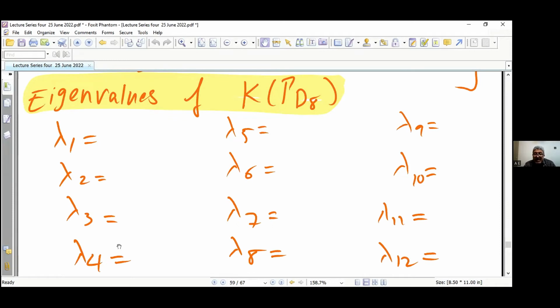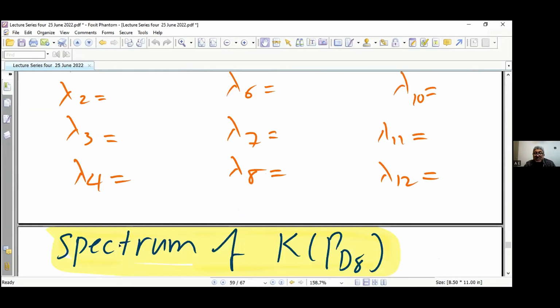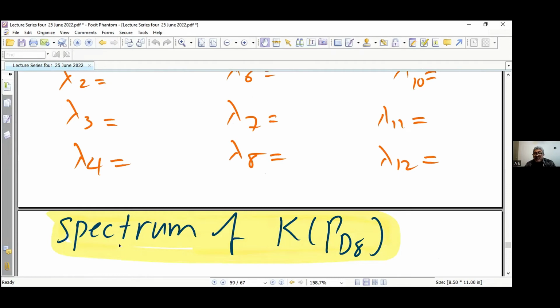The spectrum of the H Laplacian matrix is the set of all eigenvalues. So we have to check whether they are all distinct, or maybe they have some multiplicities.